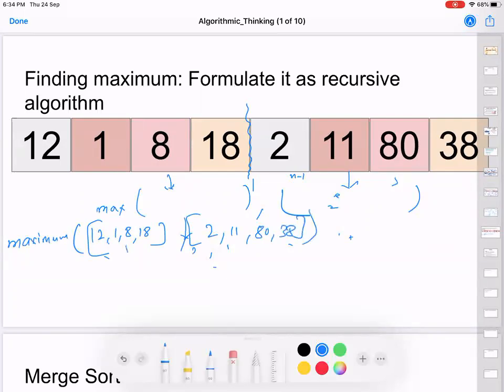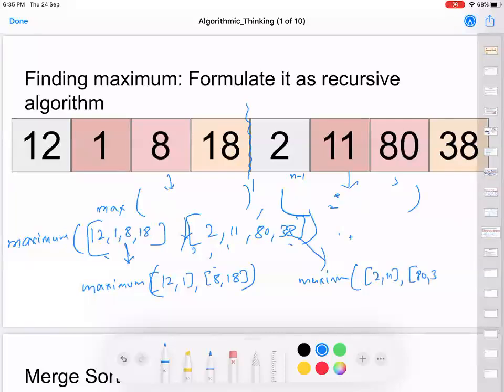And again, this one is going to call maximum of 12, 1 and 8, 18. This one is going to call maximum of 2, 11, 80, 38, right? Okay. When you have to compute the maximum of these two, this one is your base case.